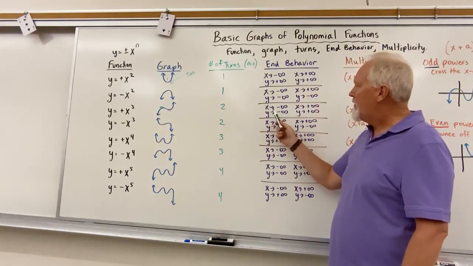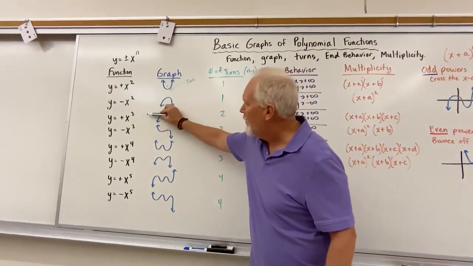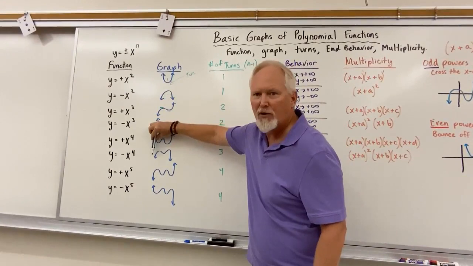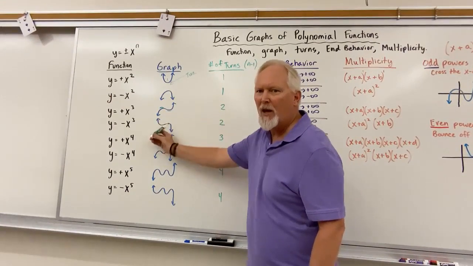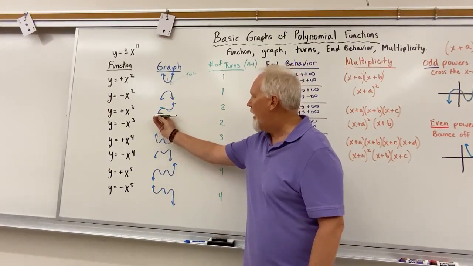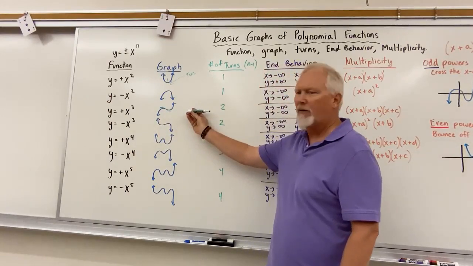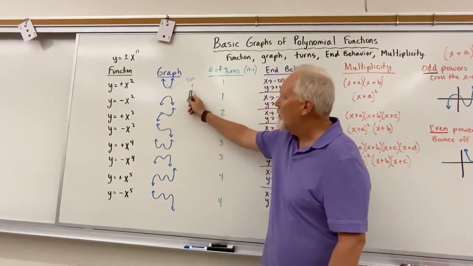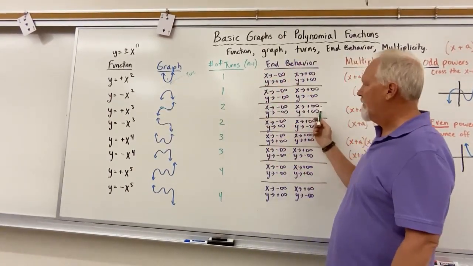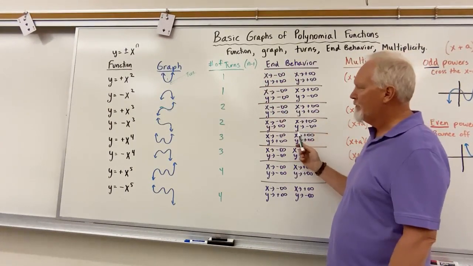For the end behavior, as x goes to negative infinity, as we're going this way, the y values are going to negative infinity. And on the other side, when we go to positive infinity for the x, the y's are also going to positive infinity. So they kind of match up there.